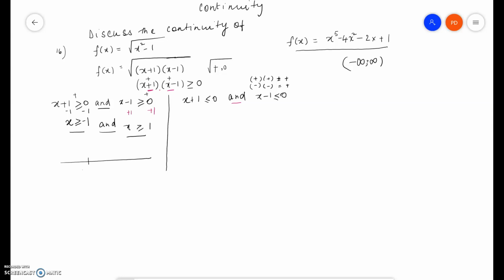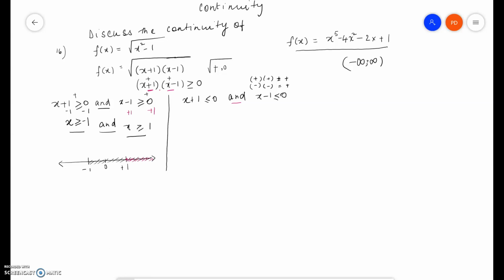So negative 1 on the number line is here, where 0 is here and 1 is here. We need to make sure that the number is greater than or equal to negative 1, and we also need to make sure that the number is greater than or equal to 1. Both have to be true.